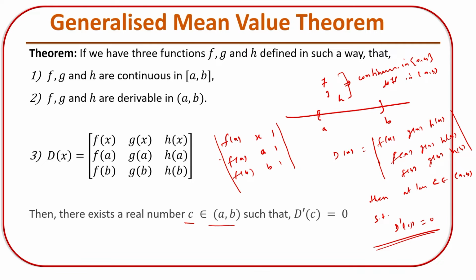And then D'(c) is this, and x equal to 1 here, and this is going to be 0. So f'(c) totally becomes (f(b) minus f(a)) divided by (b minus a). That's the Lagrange mean value theorem, right?